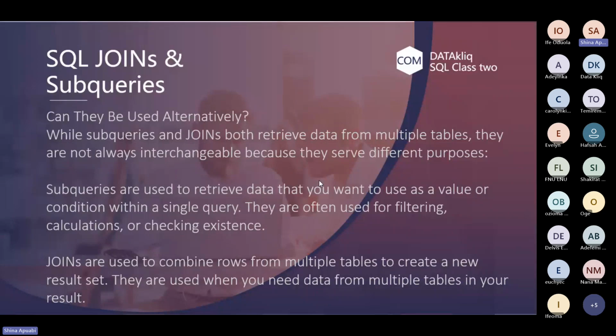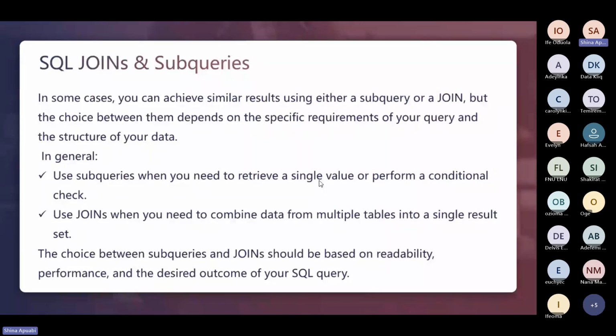But join is a way of combining multiple tables, using the rows to connect them together and create a new set of results. It is used when you need data from multiple tables. We are going to see exactly that. In some cases you can achieve similar results using either subquery or join, but the choice depends on what you are trying to achieve.